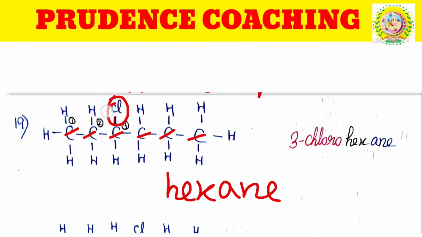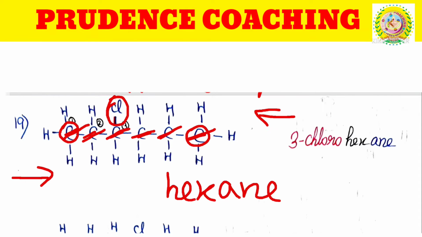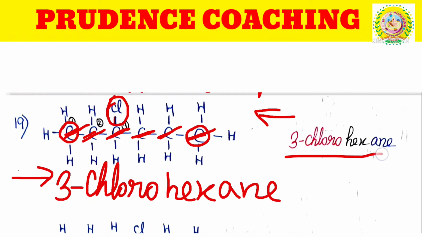As this chlorine is not attached with the terminating carbon or the carbons at the end, you need to find out the position. If we find out the position from this end, you will find 1, 2, 3, 4th position. If we count the position from this end, you will get 1st, 2nd, 3rd. You need to consider the shortest or the nearest position. So here you need to write 3, then the halogen is chloro, chlorohexane as your answer.